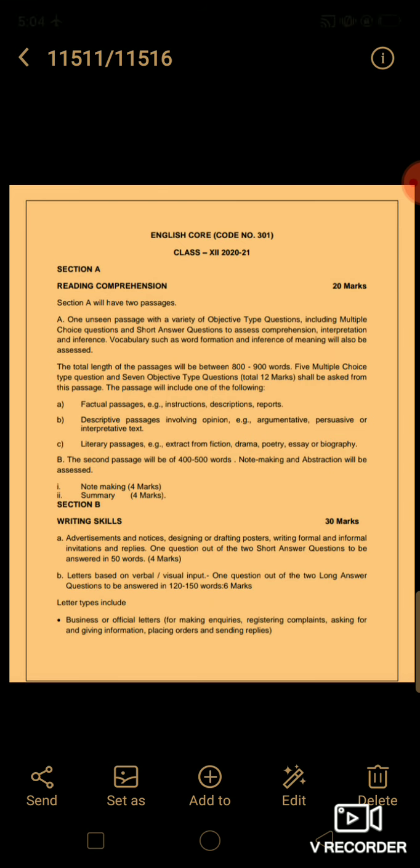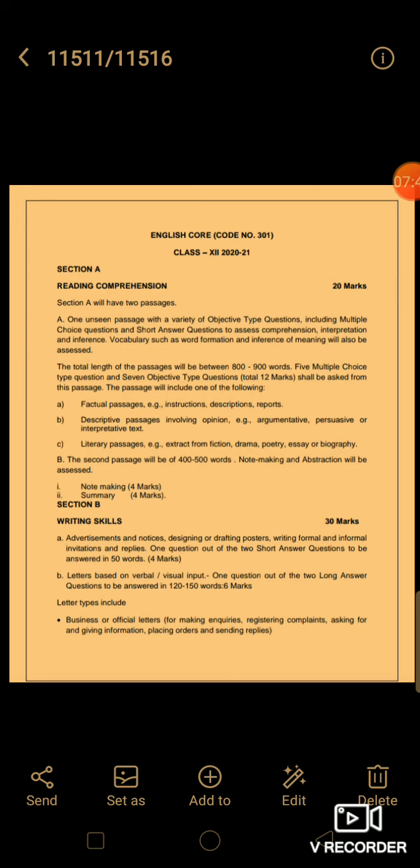Means 2 questions will be asked, means choice will be given to you. It may be either a notice or advertisement, or poster or notice, or invitation or notice. You have to do any one, and the word limit should be 50 words. It will carry 4 marks.